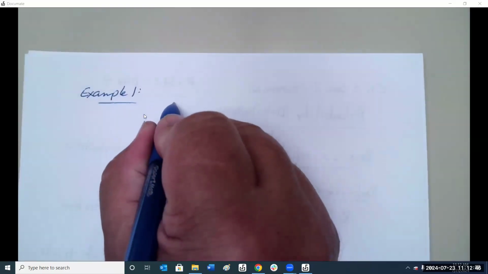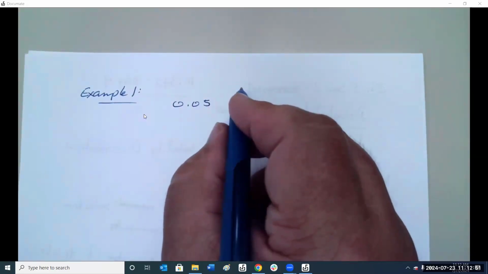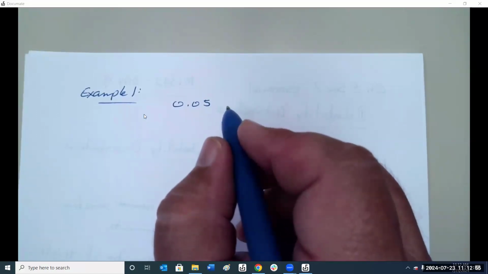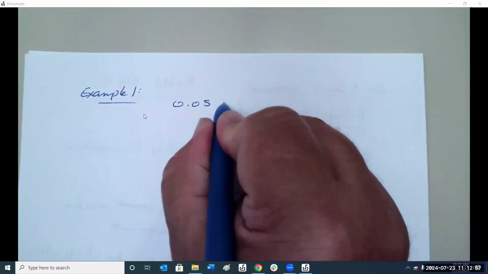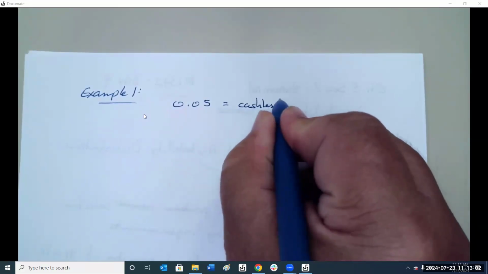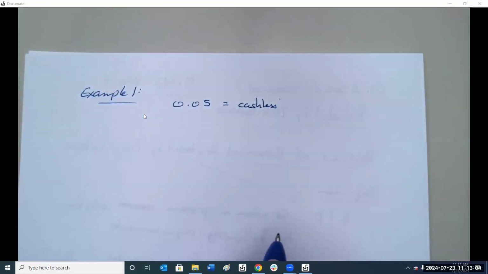So when an adult smartphone owner is randomly selected with replacement, there is a 0.05 probability that that person is cashless, never carries cash. We want to find the probability that among 10 randomly selected adults, exactly 2 of them are cashless.